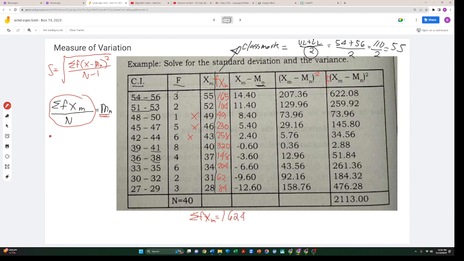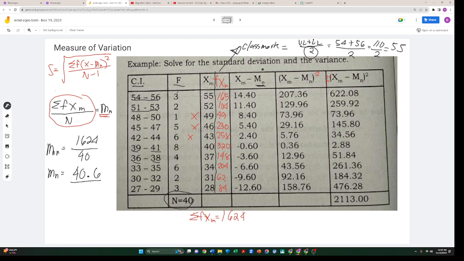So we can substitute here. The summation of frequency times class mark is 1,624, and n is 40. Therefore, your mean is 1,624 divided by 40. Your mean is 40.6. So this is your mean.